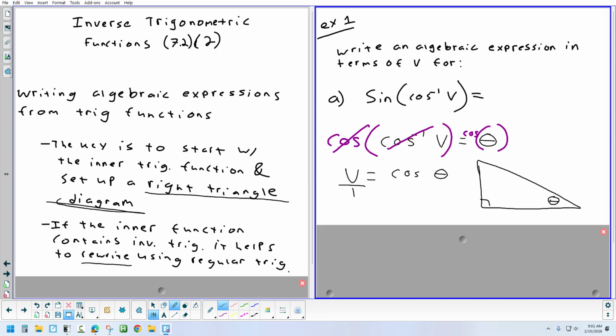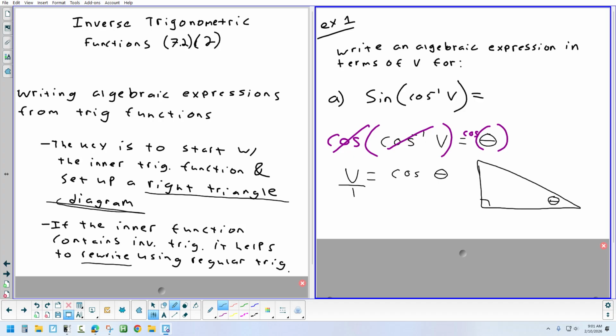That's going to allow me to label the sides in this triangle. If I know that the cosine is v, what is the definition of cosine in a triangle? Adjacent over hypotenuse. So in this problem, what would be the label we would use for adjacent?